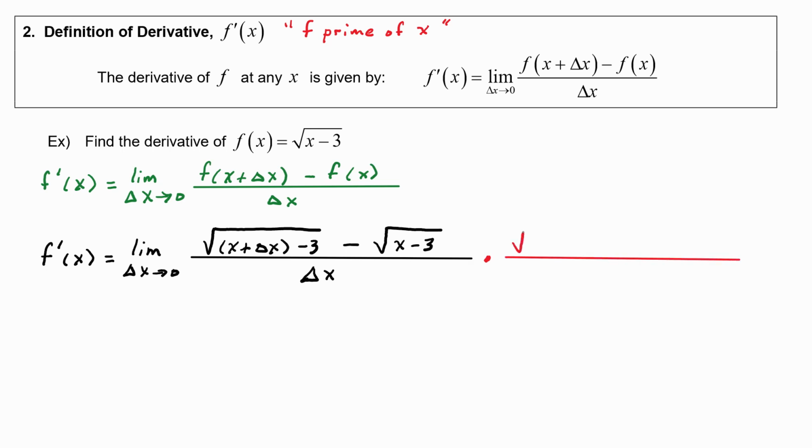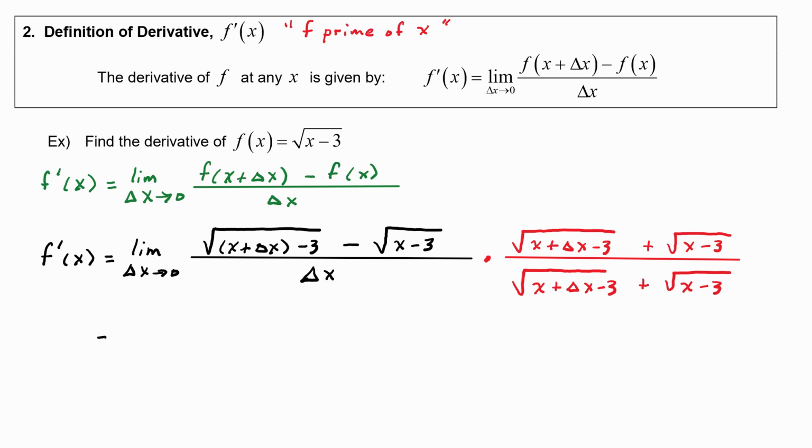So we will do the square root of x plus delta x minus 3 plus the square root of x minus 3, and then the same exact thing in the denominator, square root x plus delta x minus 3 plus square root of x minus 3.